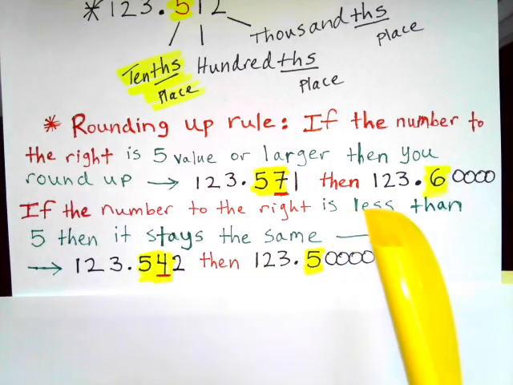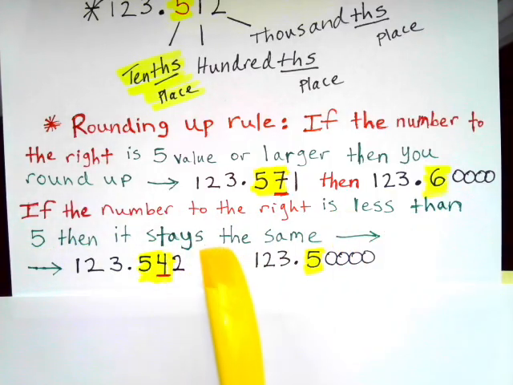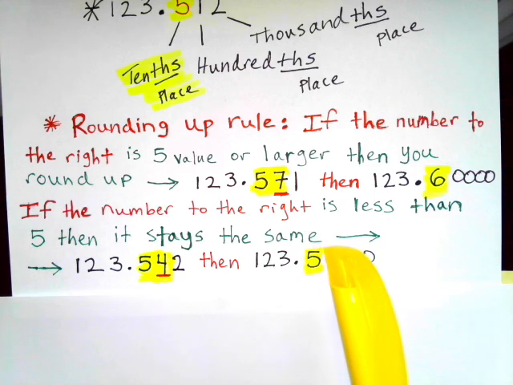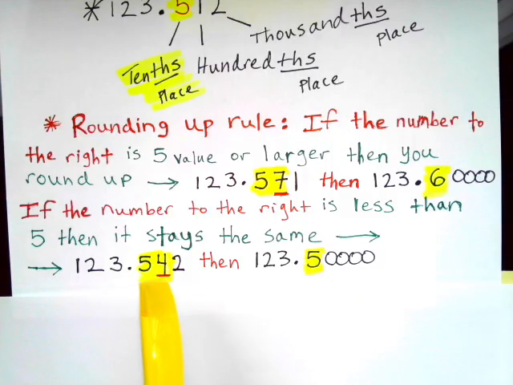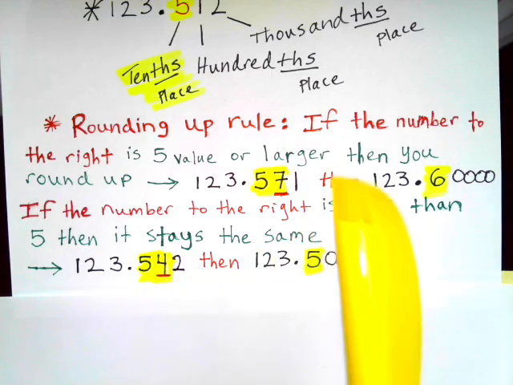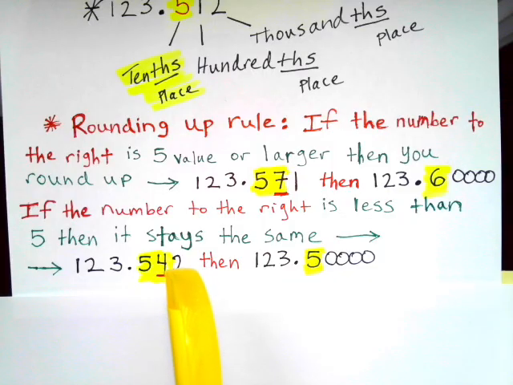So if the number to the right is less than 5, then it stays the same, and you turn all the other values into 0. Here, the number to the right of 5 is 4. Is 4 5 or larger, like in the example up here? No. 4 is less than 5. So that 4 and that 2 will turn into a 0, and then you leave your answer 123.5 or 123 cents, is another way I like to look at that.